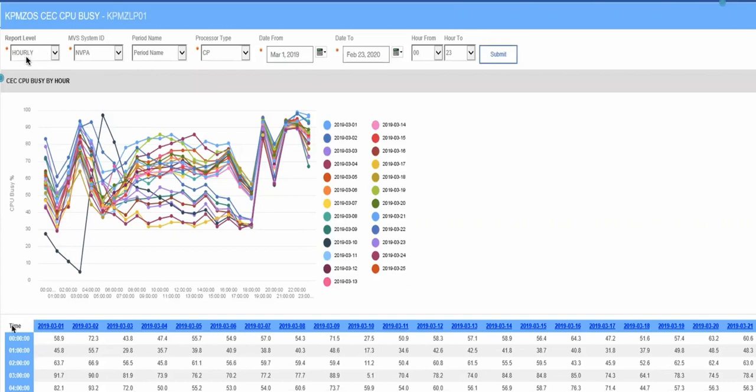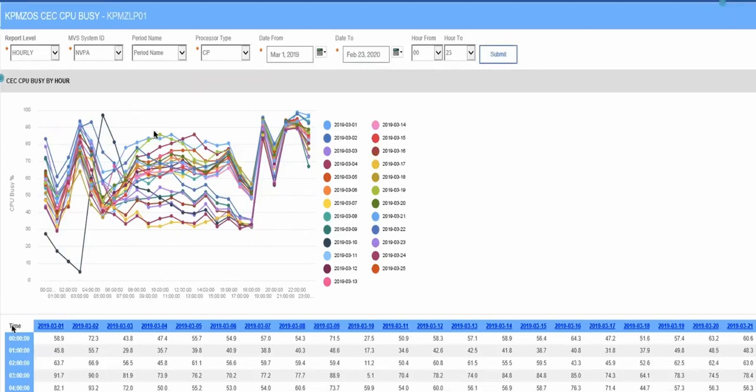So if you can see here, for example, we're looking at an hourly report. We're also able to then filter on different systems. So we picked one system here. We're looking across all workload periods. We're looking at the general processor across several days as well, and filter this in terms of dates and times. Each line here represents a different day across a 24-hour period.